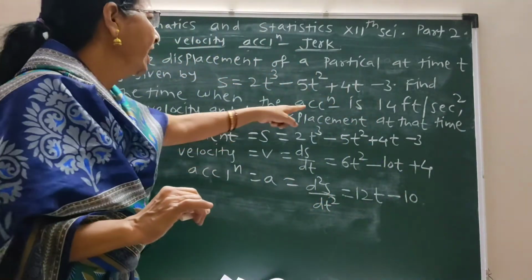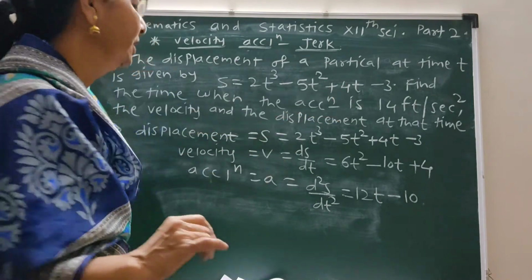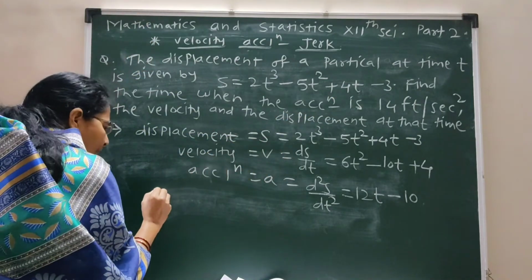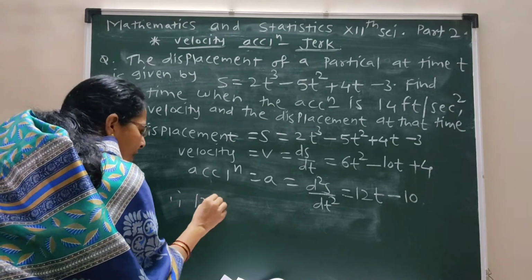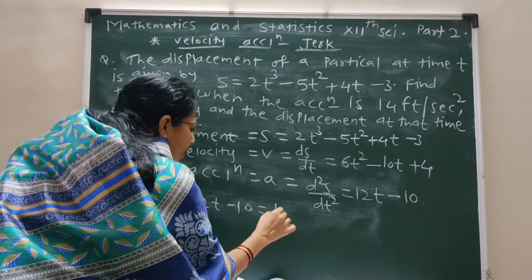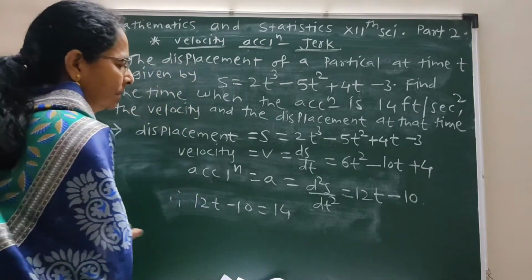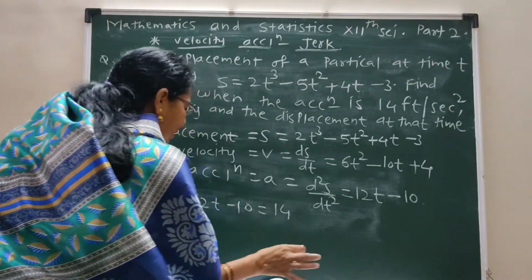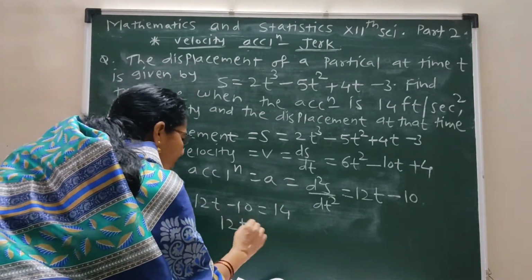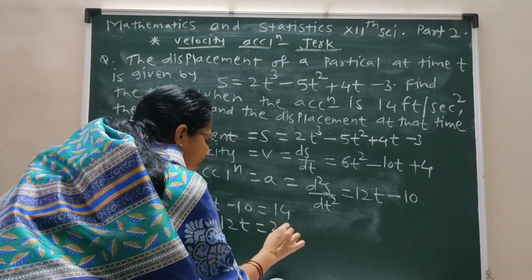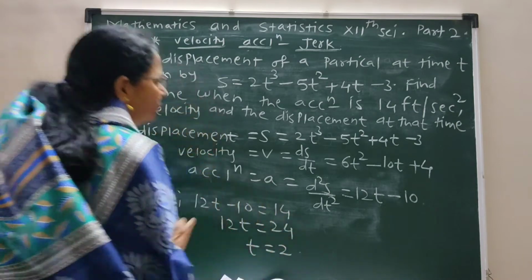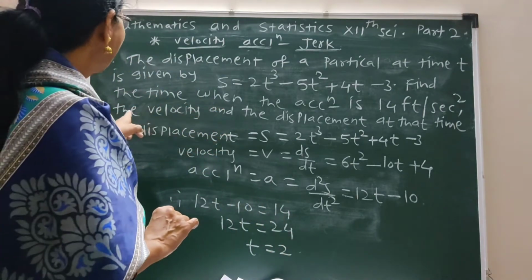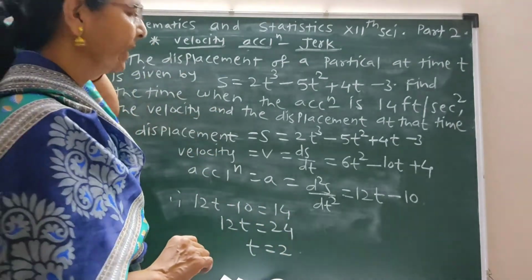Now we are given acceleration is equal to 14. So, 12t minus 10 equal to 14, so 12t equal to 24. Time t we get is 2.